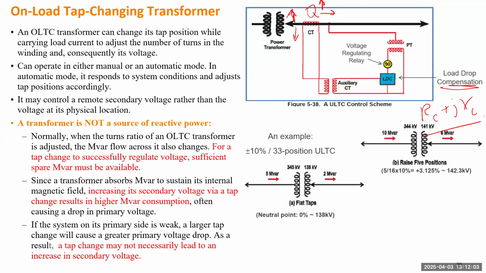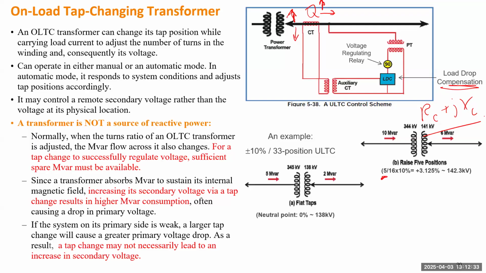So now let's say we want to increase the secondary side voltage from 138 kV. Based on the calculation, we want to move up by 5 tap positions. There are totally 16 tap positions. So 5 divided by 16 multiplied by 10% means I'm supposed to have a 3% increase of voltage, which gives me 142.3 kV.